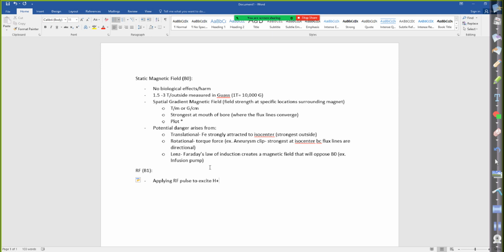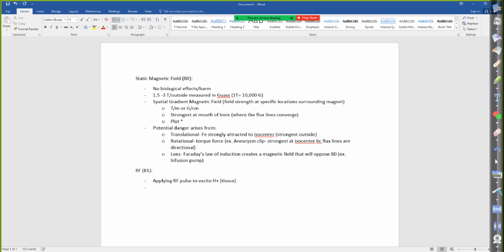This is an oscillating magnetic field, so it's moving. So when we're exciting tissue, due to our law of conservation of energy, we're putting energy into the tissue. It's got to be dissipated somehow, or it just gets absorbed by the patient, right?